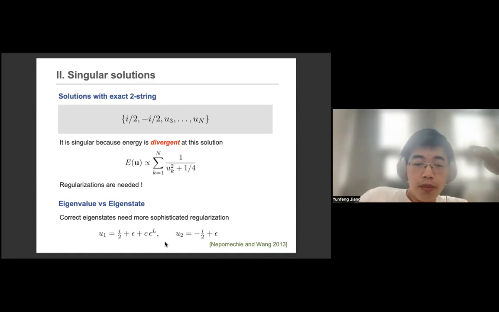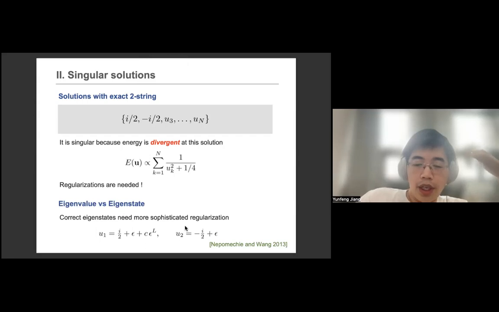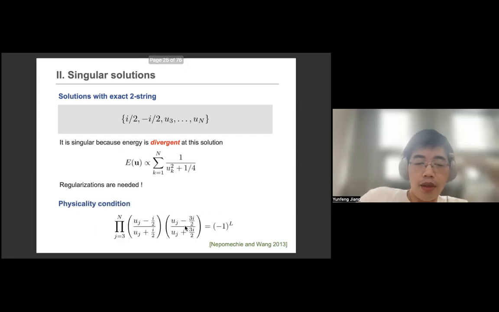So anyway, by this careful regularization, these authors found that among these singular solutions, some of them are physical, namely some of them lead to a physical eigenvalue and eigenstates, but some of them are not. The actual condition for when they lead to physical solutions is given here. This is what we call the physicality condition.